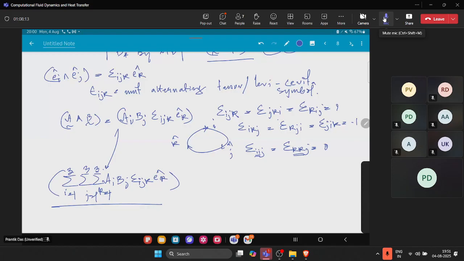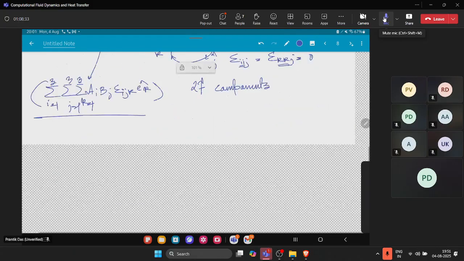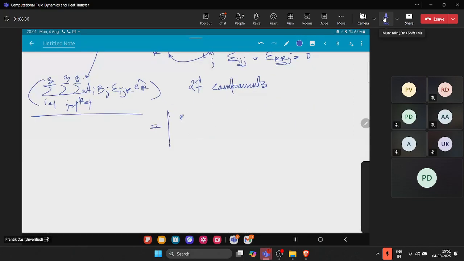We have this sigma symbol over which we are going to do the summation. So we are going to get 27 components, out of which if I simplify, this becomes e1 cap, e2 cap, and e3 cap, with a1, a2, a3 and b1, b2, b3. Okay. So do you have any doubts until now?